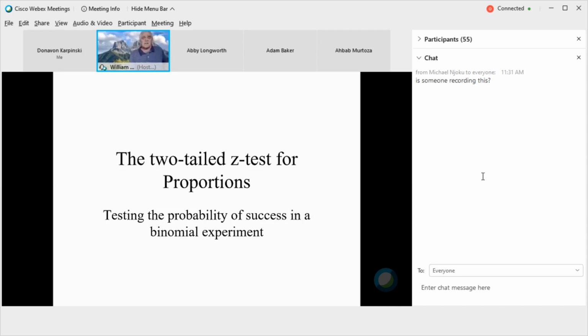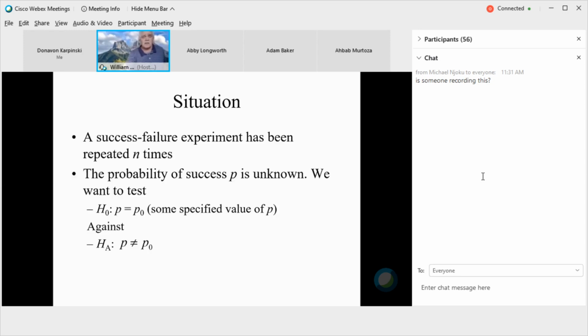The two-tailed Z-test for proportions. Here we're testing the probability of success in a binomial experiment. The probability of success could be a proportion in a population, testing whether that value is some value. So you have this success-failure experiment. It's repeated n times.